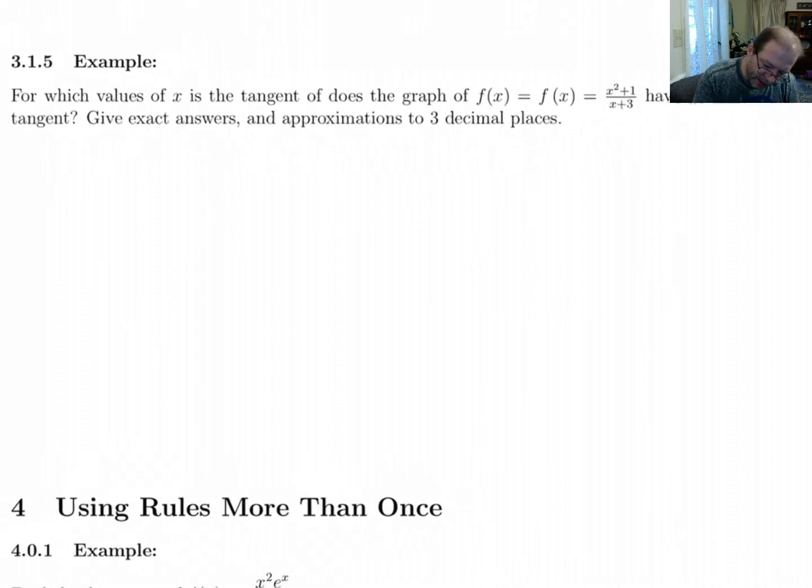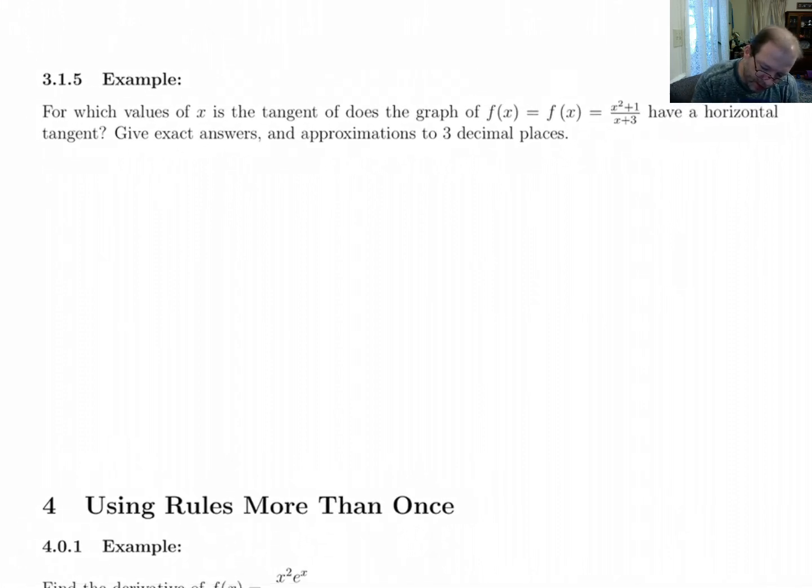Find for which values of x is the tangent. Now, I've got this written a little badly. For which values of x does the graph of this function have a horizontal tangent? Give exact answers and also round to 3 decimal places.